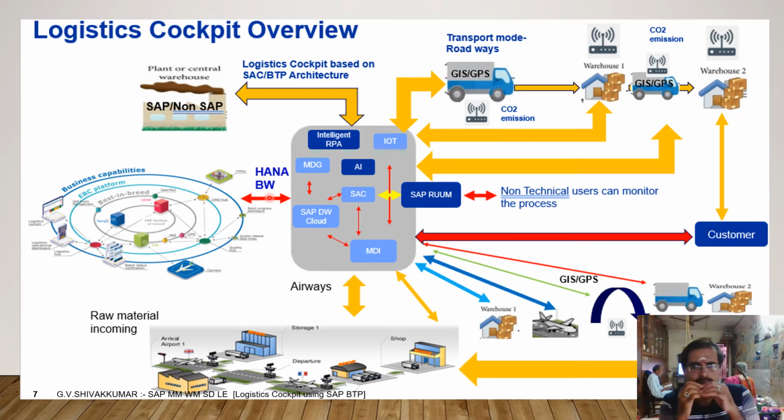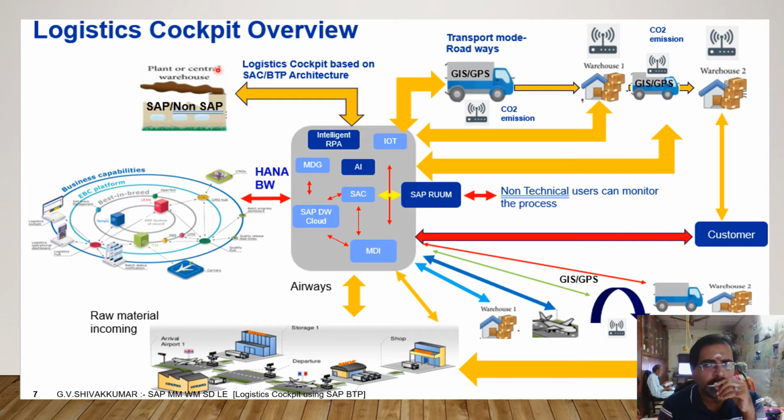So here these are the raw materials incoming from the vendor. You are receiving the material through air freight or sea cargo, whatever it may be. All this can be monitored in the SAP, which is integrated with the centralized cockpit using BW4 HANA or DWC.